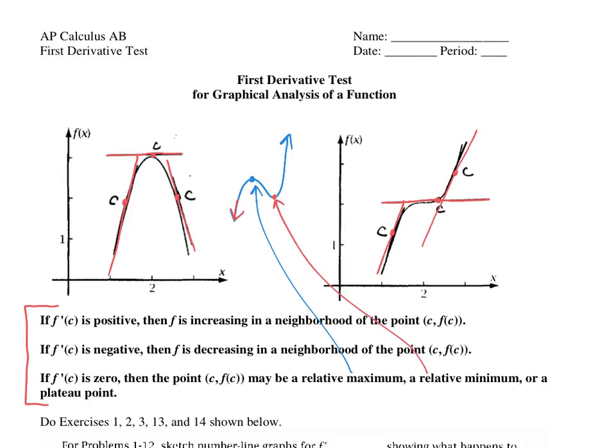That's the same thing as changing from increasing to decreasing. Now, let me show you the sign diagram for these, just so that you can see it and relate it to what we're talking about here.